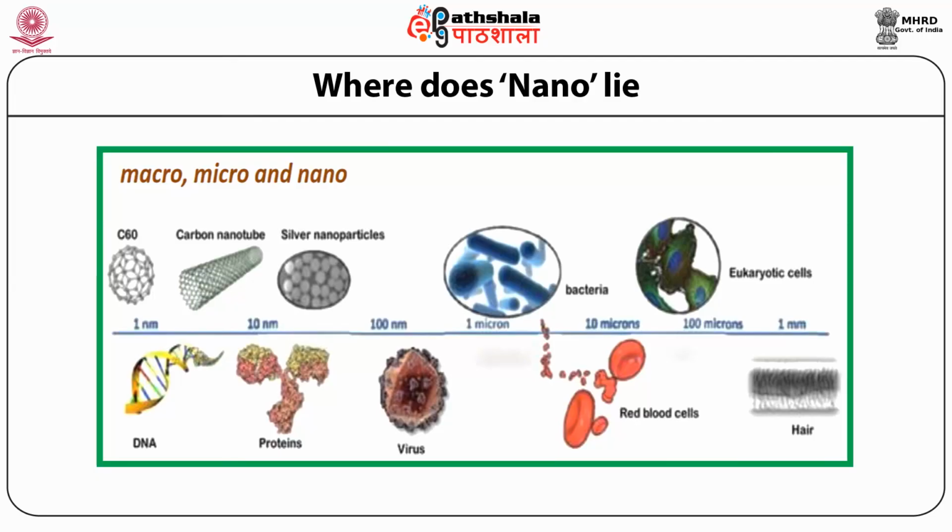So, this figure compares the size of various objects on a nanometer scale. Some examples of nanoscaled objects encountered in daily life are as follows. Our fingernails grow 1 nanometer per second.